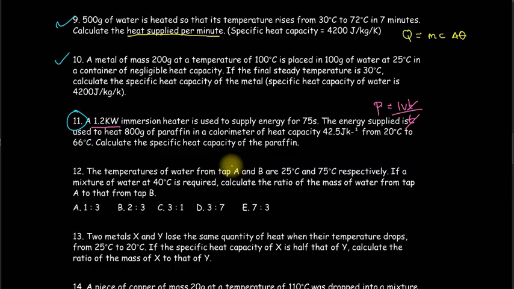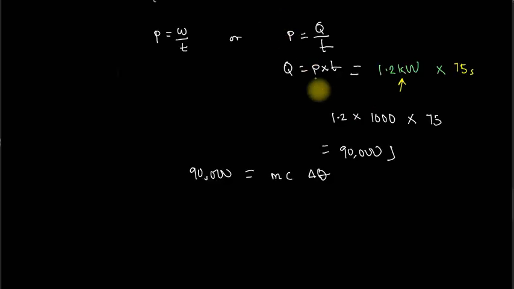What is the mass given? The mass given was 800 gram. 800 gram to kilogram is 0.8 kilogram. They give us heat capacity and they give us specific heat capacity. We have to look for specific heat capacity. The change in temperature was given as well, 20 to 66. 66 minus 20 is 46. So we have 46 as our change in temperature.